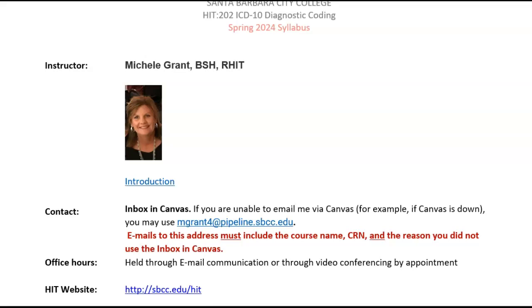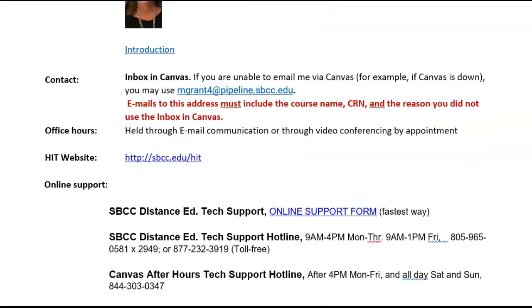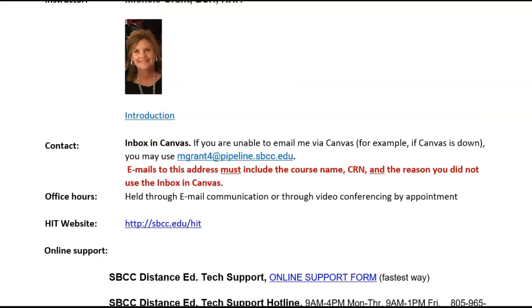Emails to this address must include the course name, CRN, and the reason that you did not use the inbox in Canvas. Keep in mind, I am teaching two classes, so it's easier to know what class I am looking at. Office hours. These are held through email communication, through video conferencing by appointment.